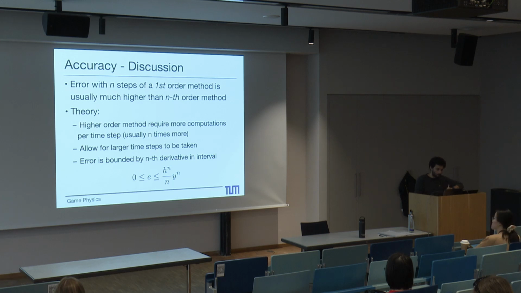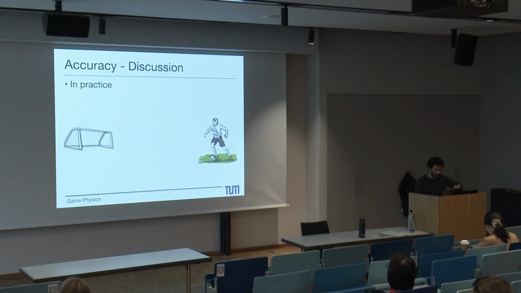So now, this is what we do in theory, and that's what the theory of numerical integration tells us. But in practice, what we are trying to achieve here, our goal, so to speak, is to have an integration and a simulation that makes sense, and the level of quality of the simulation depends on our goal.